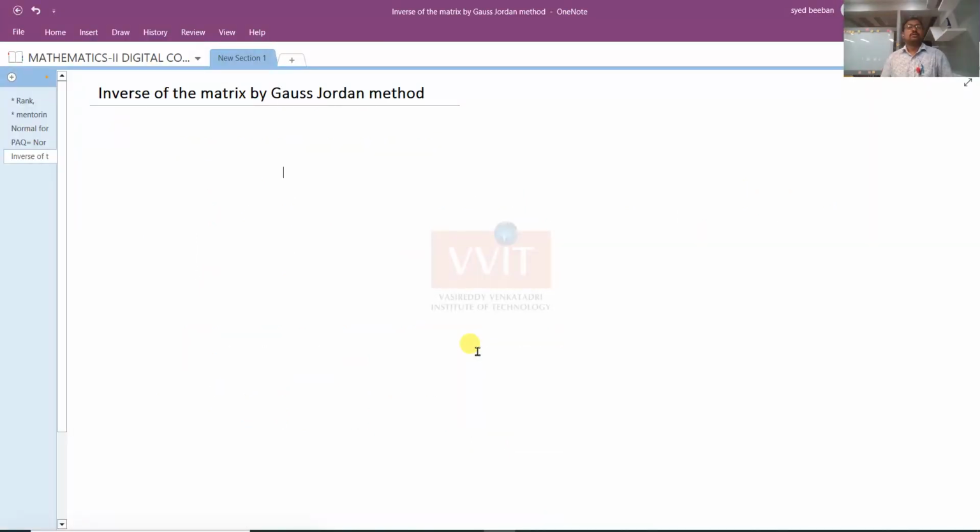Now, we will use this to find the inverse of the matrix.